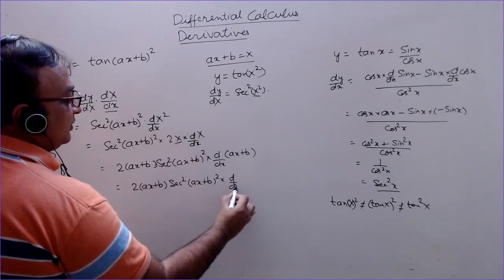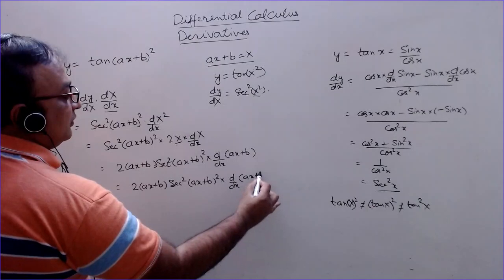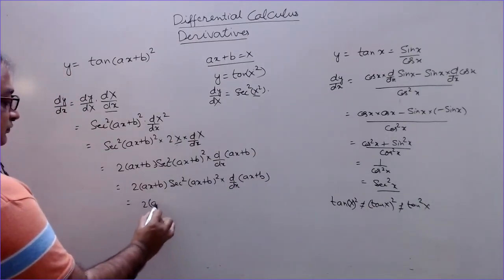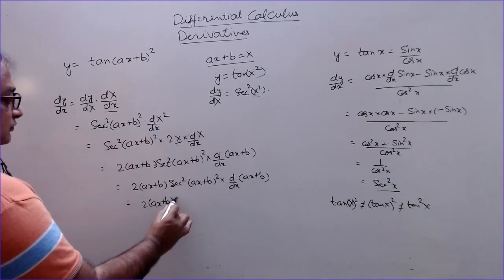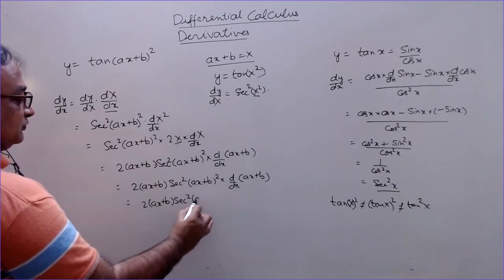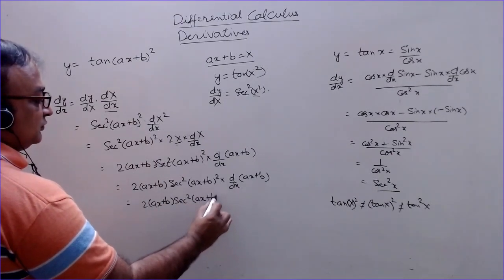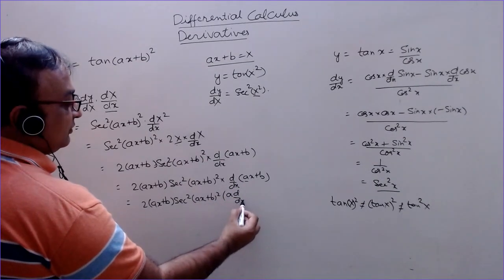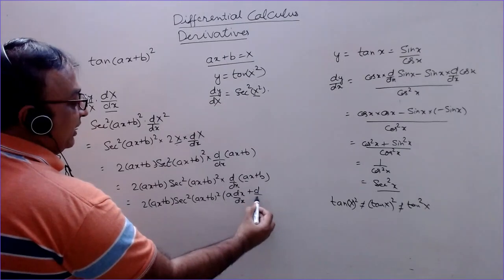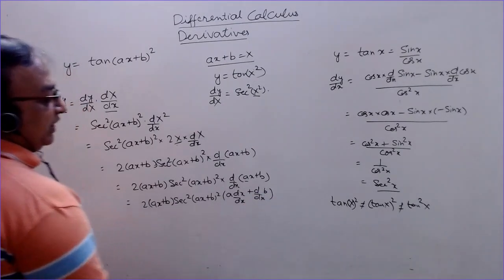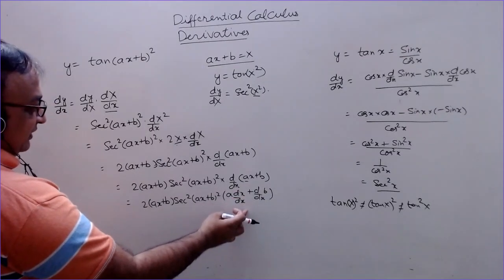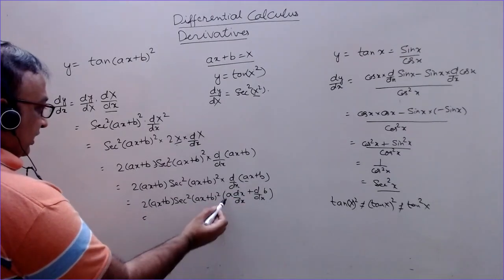d by dx of ax plus b: a here is a constant, so a into d by dx of x plus d by dx of b. b here is a constant, so its derivative is 0, and the derivative of x is 1, so you can write a here.